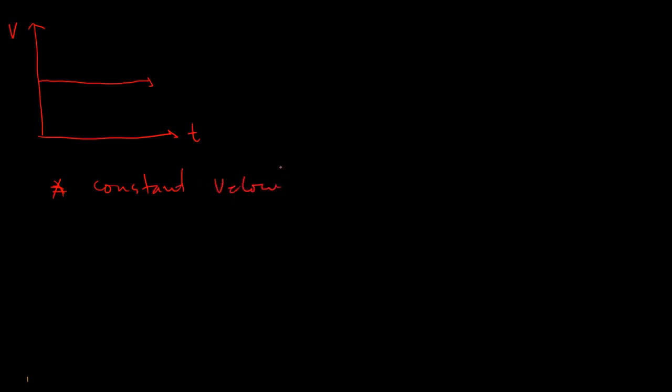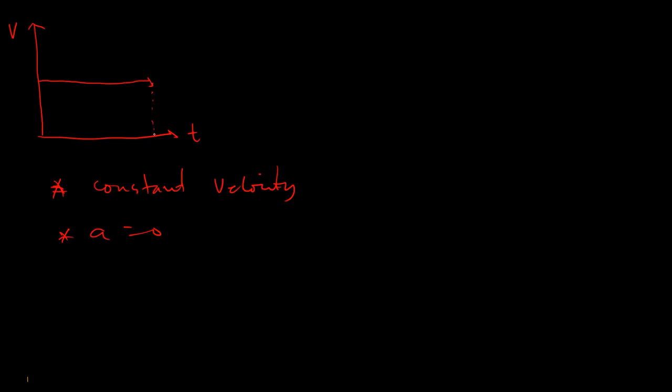What if we have this kind of graph in terms of a velocity time graph? Take note that, as we learned in our previous slides, this is constant velocity. That means when we have a constant velocity, acceleration is 0.